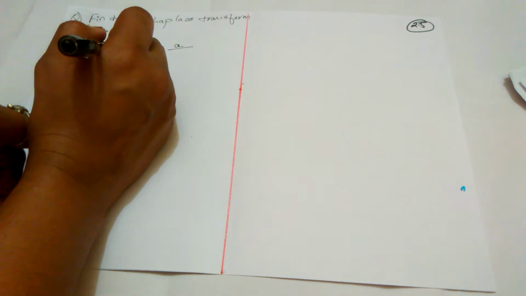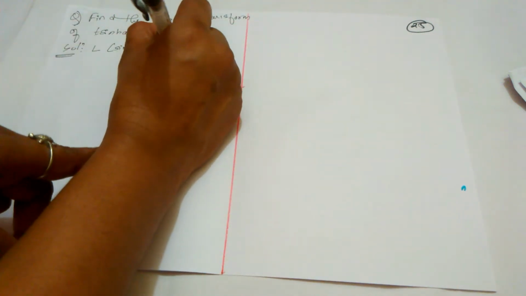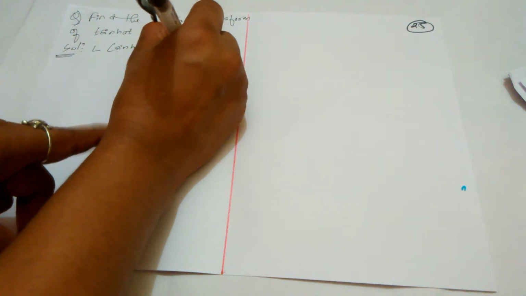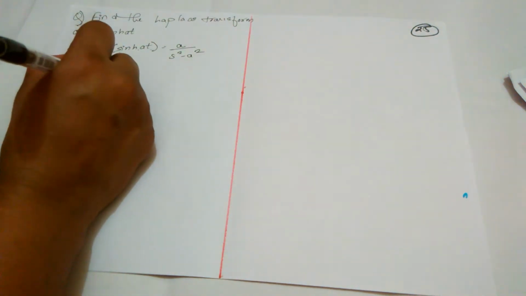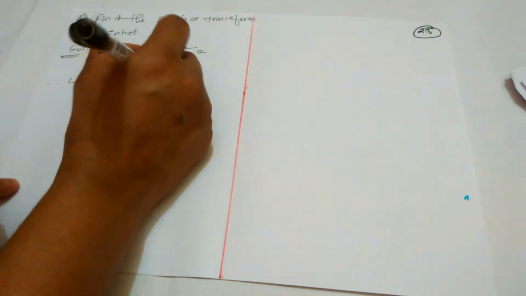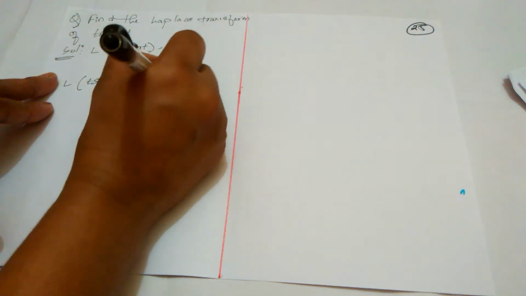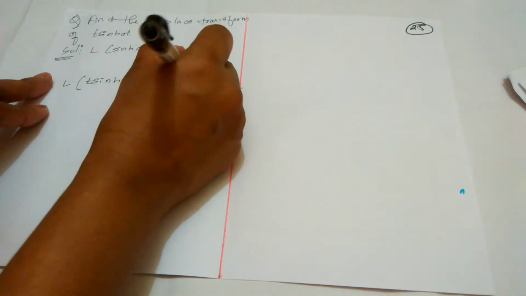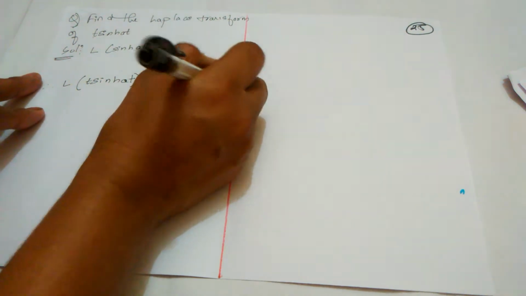First we will write the value of L of sinh at. What is sinh at? It is a divided by s square minus a square. Also, L of t sinh at is equal to minus d by ds of a upon s square minus a square.